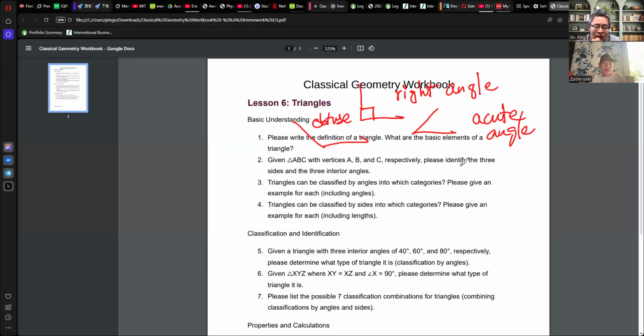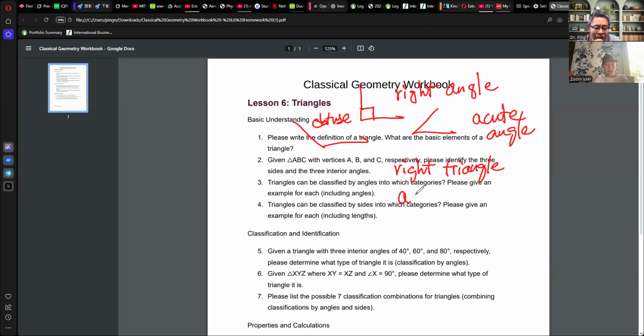Because of that, we could have three different kinds of triangles based on the angle. We could have a right triangle, which means we have one interior angle that is a right angle.